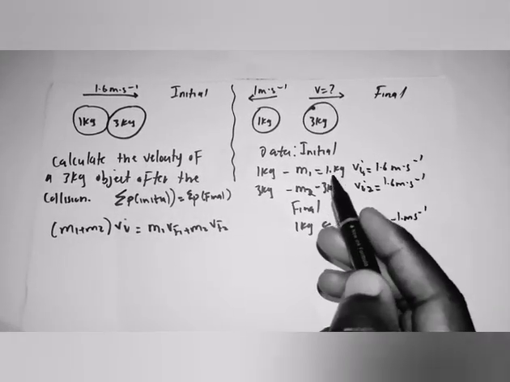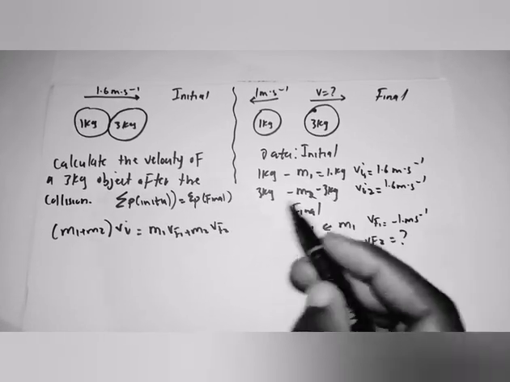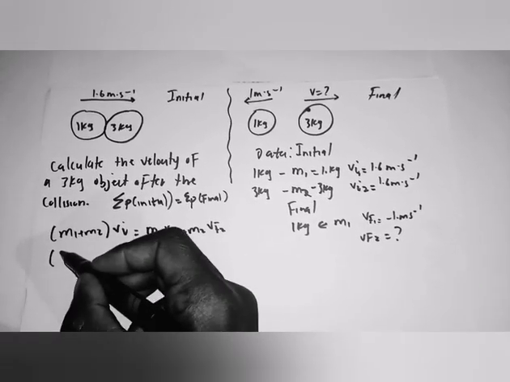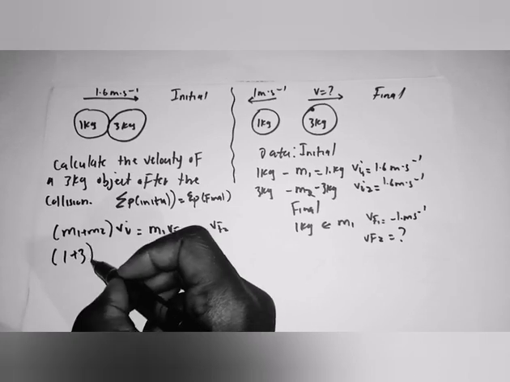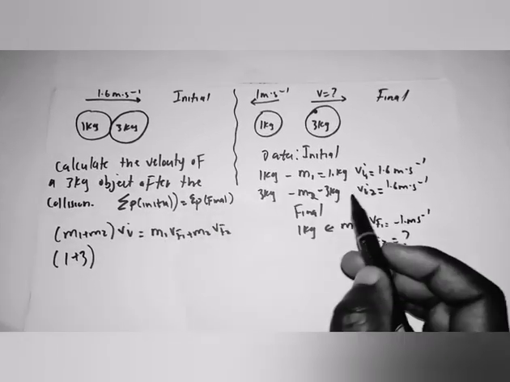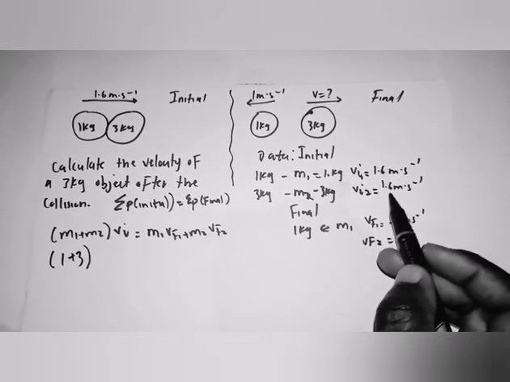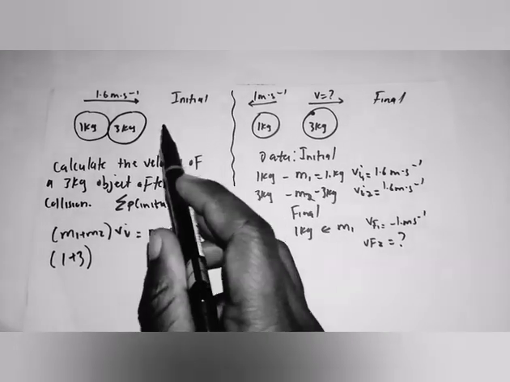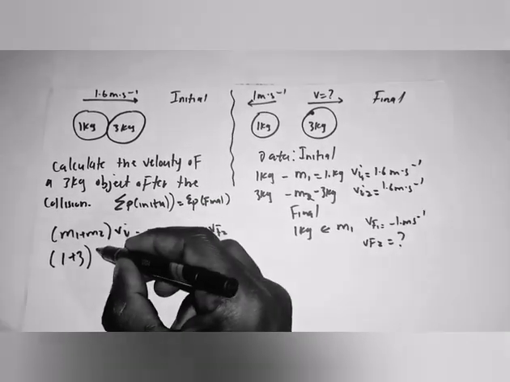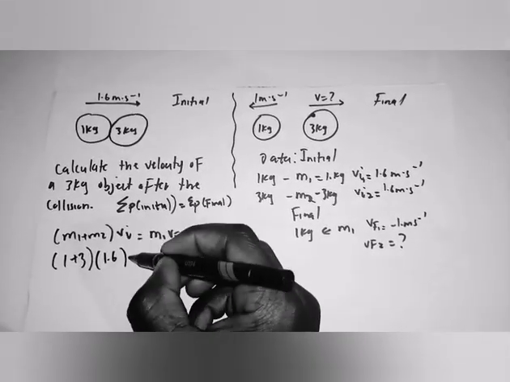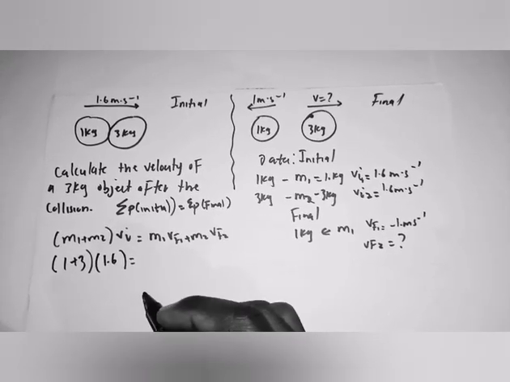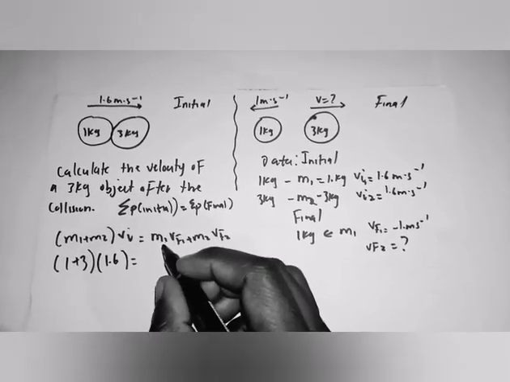Then m1 we have 1 kg and m2 is 3 kg. Therefore we have (1 plus 3) times v initial, which is positive 1.6. Why? Because they are moving to the right.